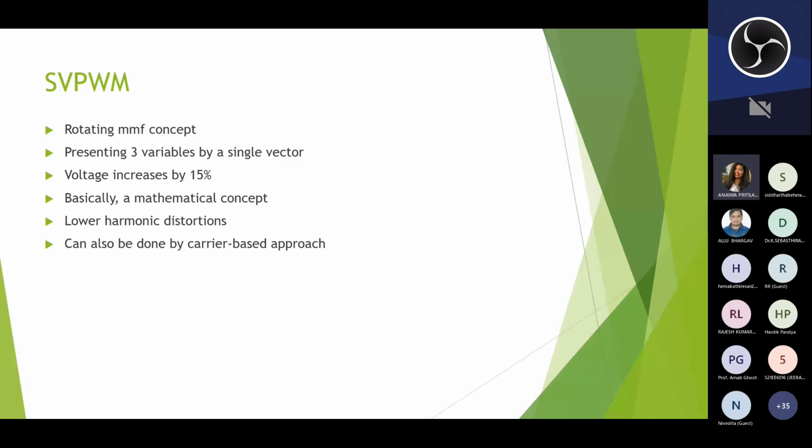The space vector concept generally comes from the rotating magnetic field, that is the rotating MMF concept, presenting three variables by a single vector. It is the most useful application, as there is no need to deal with three different quantities in three different phases.